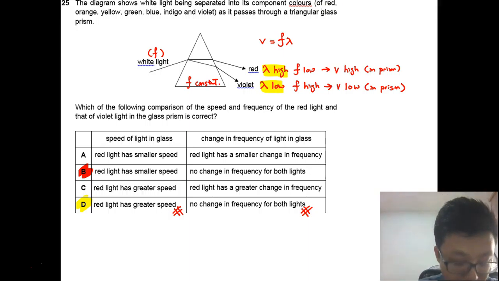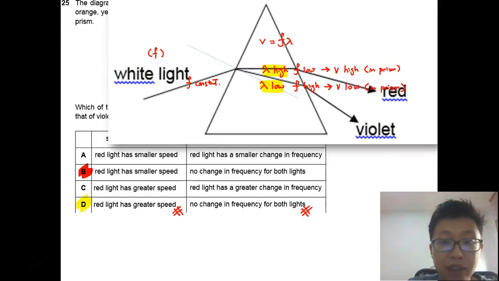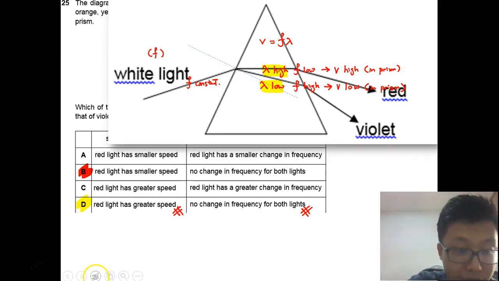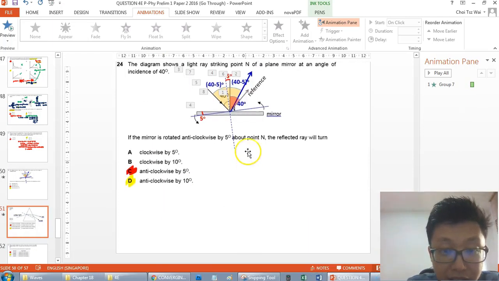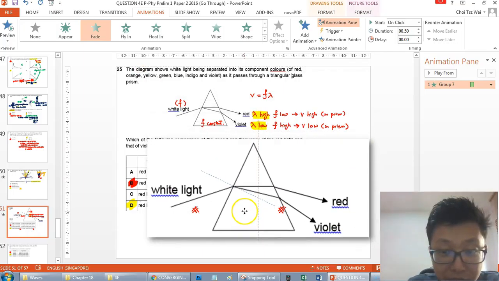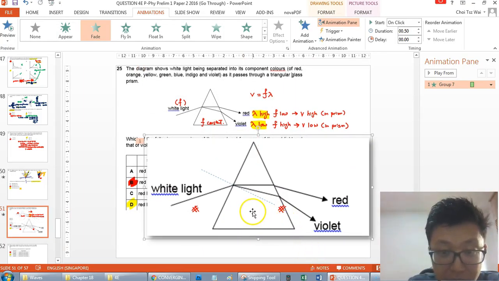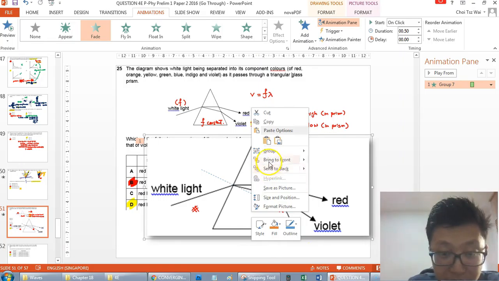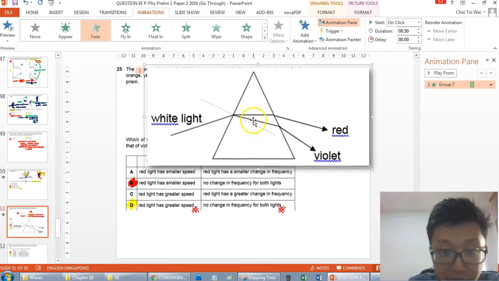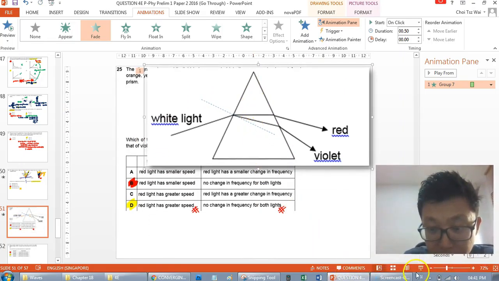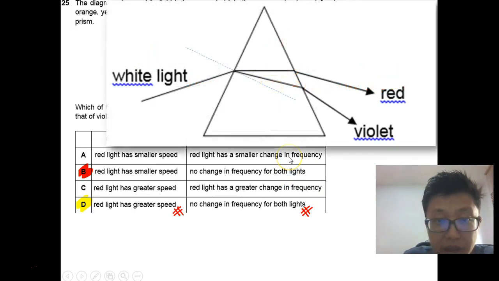Now, another way of doing this question is that you study the diagram carefully. So let me get rid of all this. I will just pull this down so that it doesn't block the front. Now look at this. I have drawn a normal for you. This is the normal.